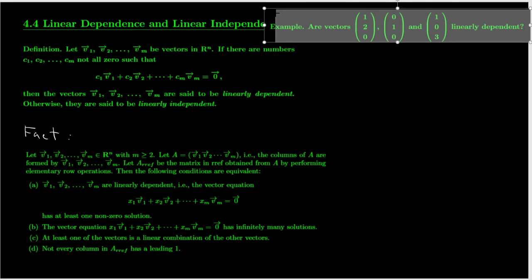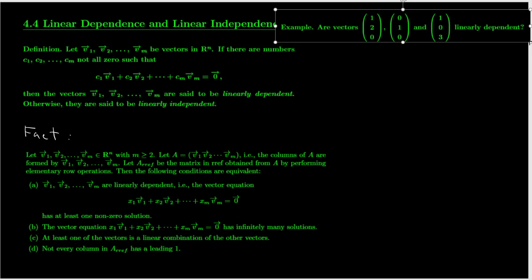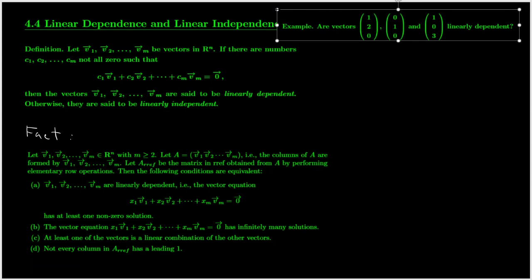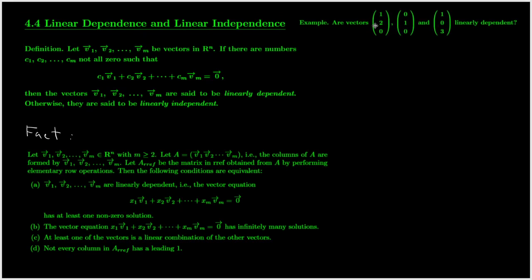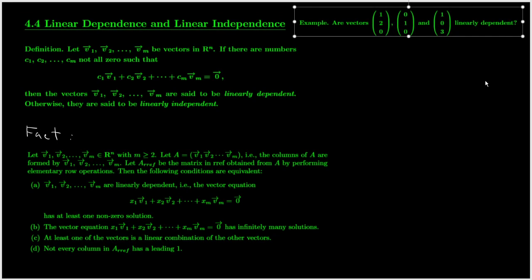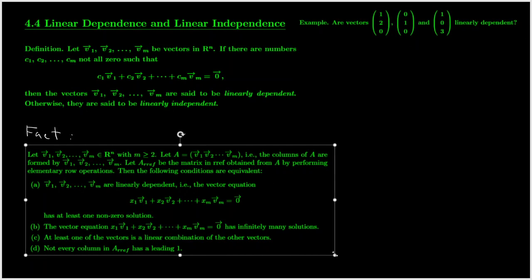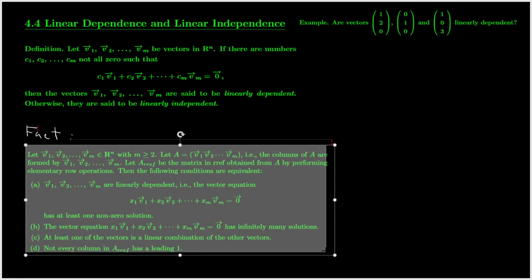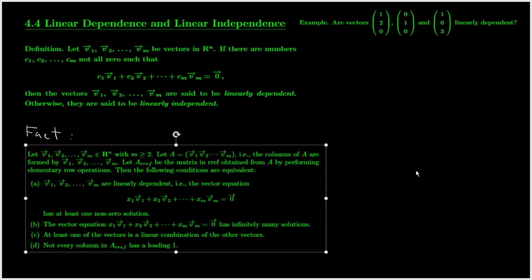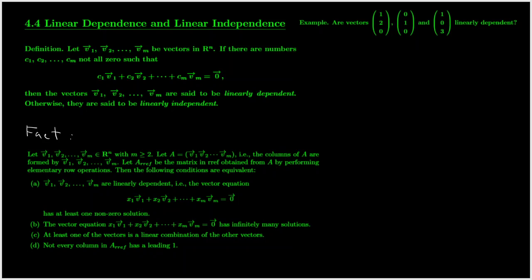I will put the definition and the question side by side so you can see what's going on. In the question, we are trying to determine if the three vectors are linearly dependent or independent. If the vectors are not linearly dependent, then we say the vectors are linearly independent. I hope it makes sense.